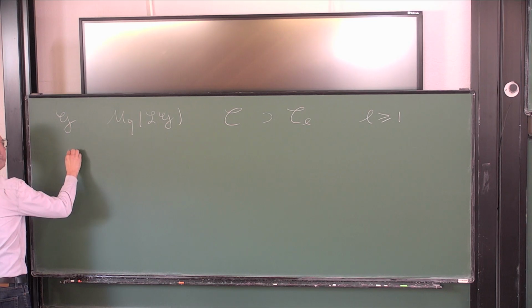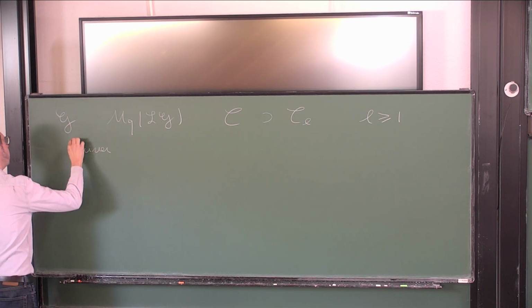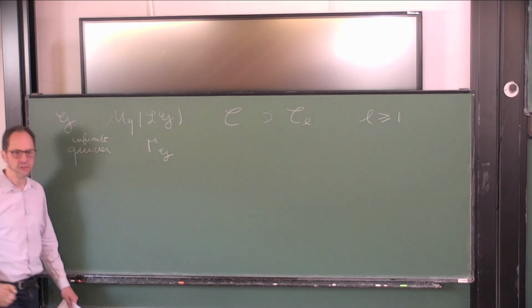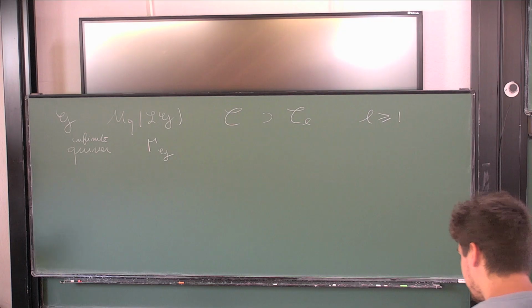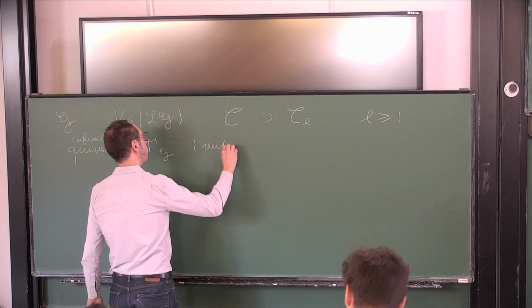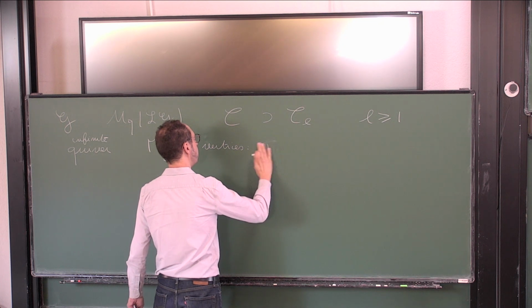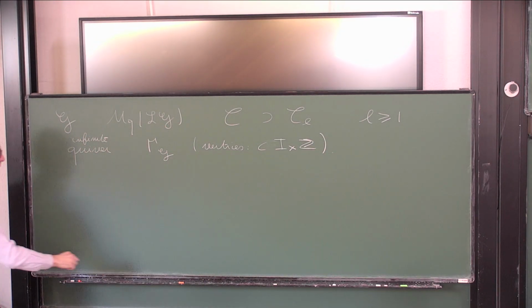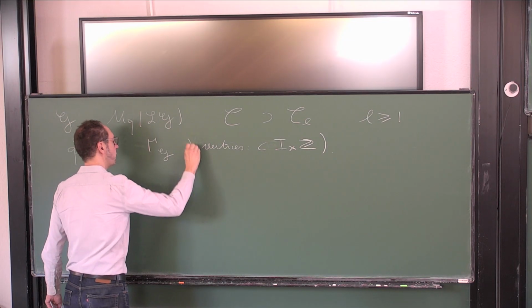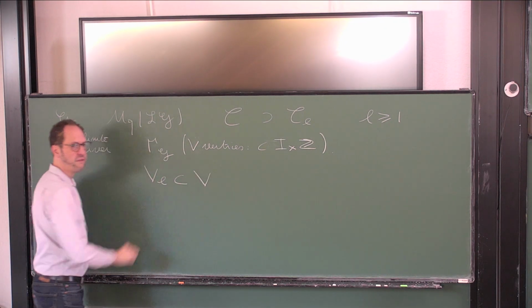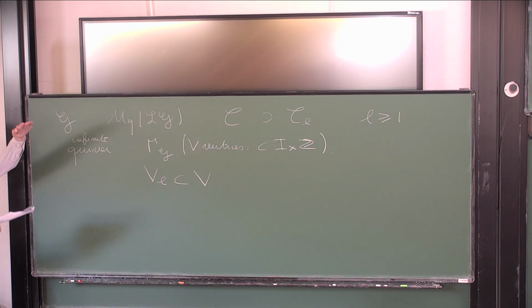We already defined an infinite quiver, so it was one connected component of a quiver whose vertices are parameterized by I. V was the set of vertices of this quiver, and then we defined a subset VL of V by cutting up and down this infinite periodic quiver.